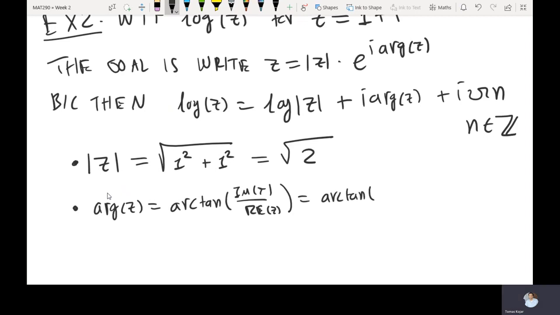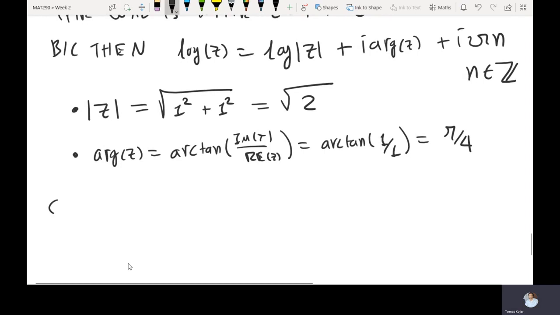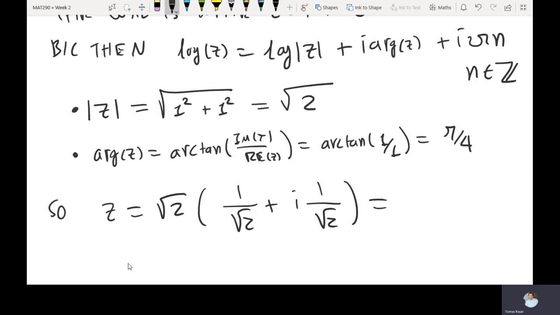So arctan of 1 over 1, which is pi over 4. So z is equal to square root 2 times e to the i pi over 4.